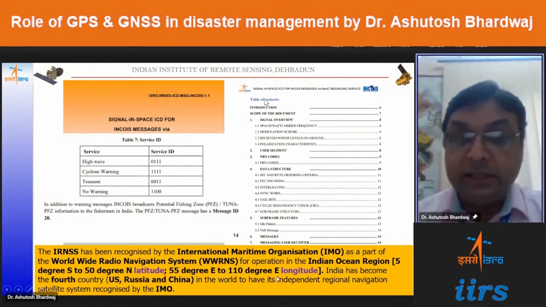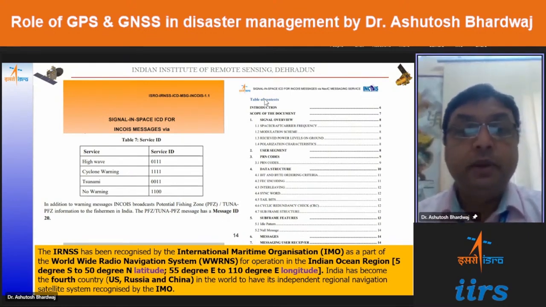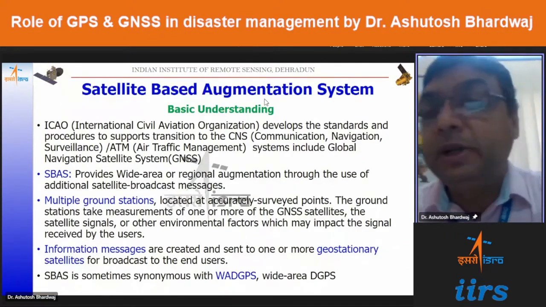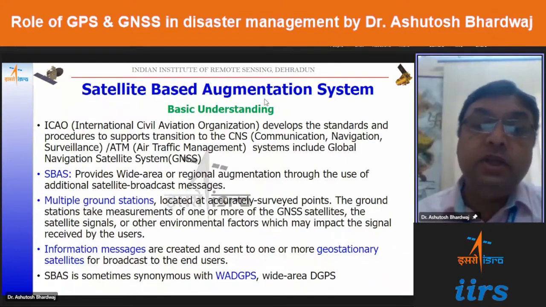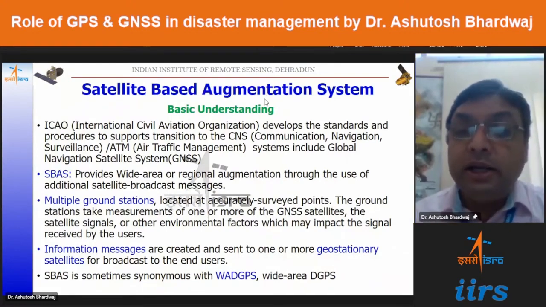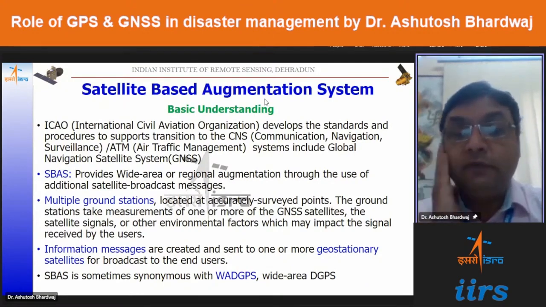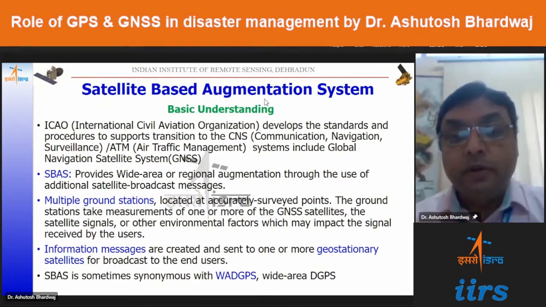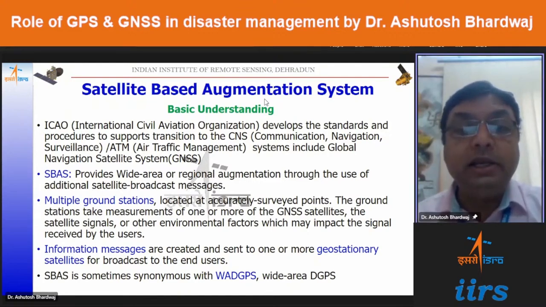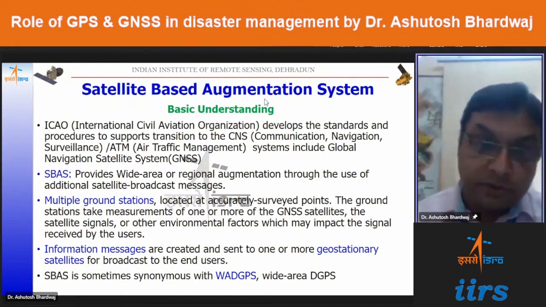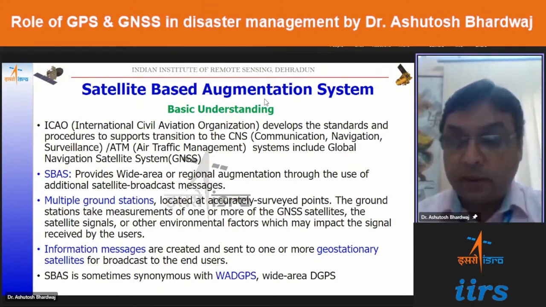So this NavIC is fully certified by the international agencies. And under the SBAS, the satellite-based augmentation system, we use already established, accurately surveyed points for rectifying the values in real time for various users, especially aircraft users.